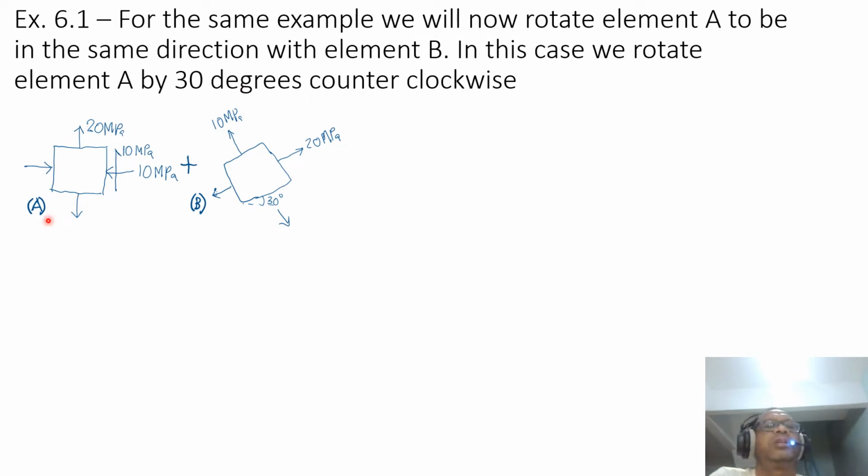So if I can draw a line here with a red color, I need to now rotate this element to be at 30 degrees.